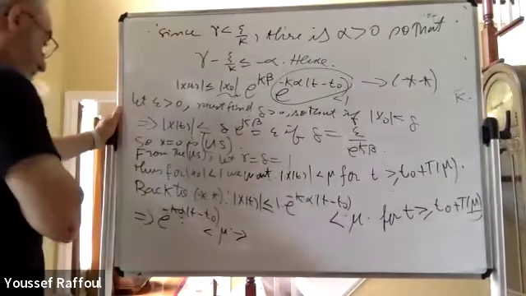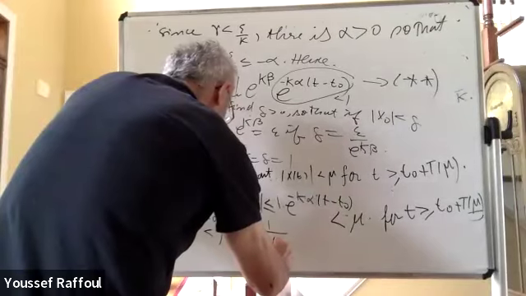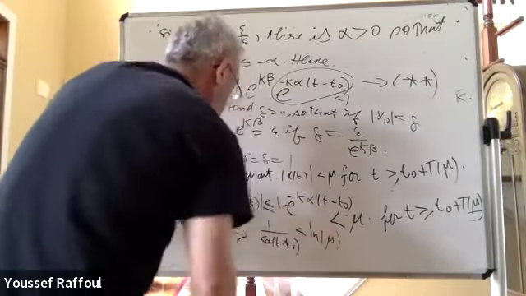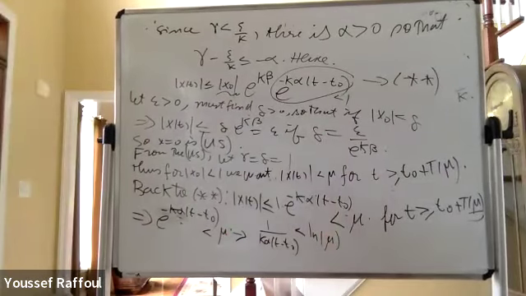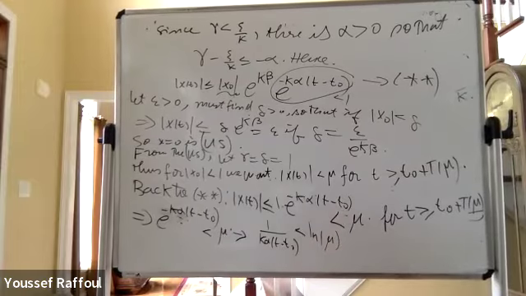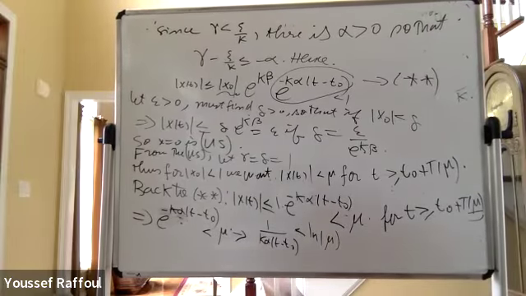That means minus k alpha times t minus t naught is less than ln of mu. Okay? Okay, is that correct? Let's see. No.